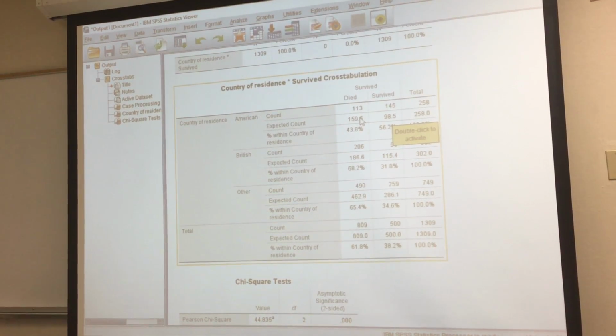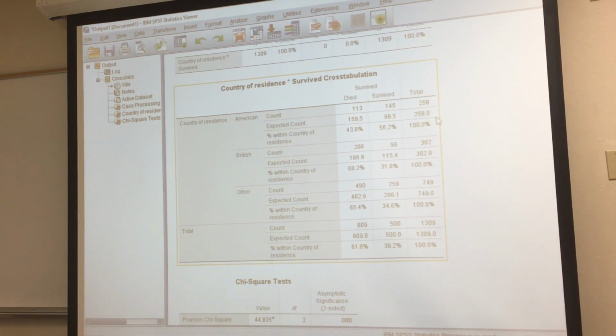So expected counts means that based on the percentages from the total population, you can get how many American people died. Like I will say it again. There are this many American people, right?